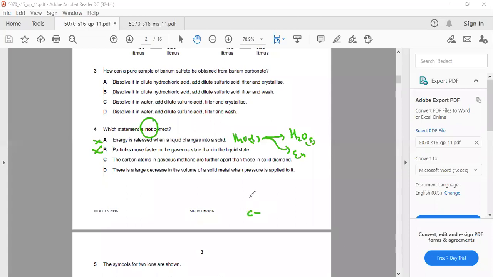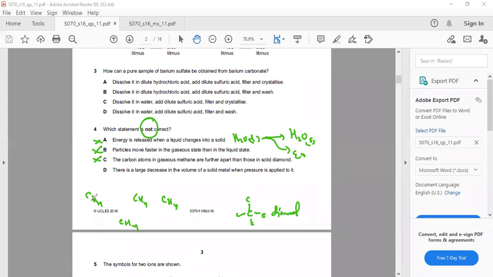In diamond, each carbon atom is bonded very closely with four other carbon atoms to form a giant network of covalent bonds. While in methane, one carbon is here, one carbon is here. In gaseous form, carbon atoms are very far from each other. So this is also correct, but the examiner says not correct.